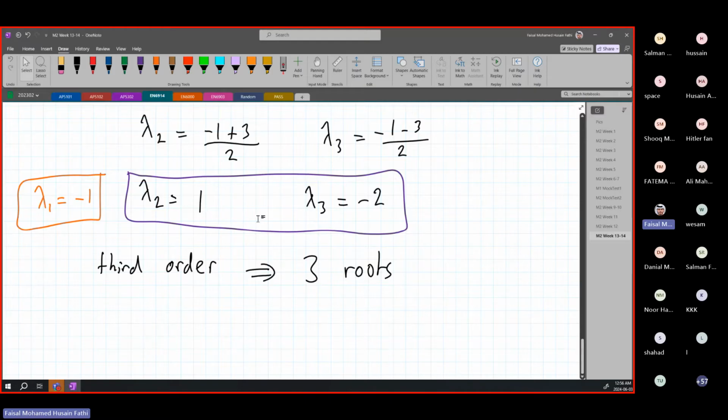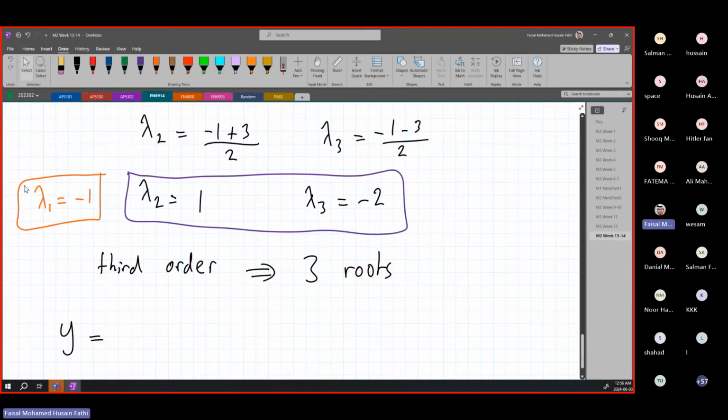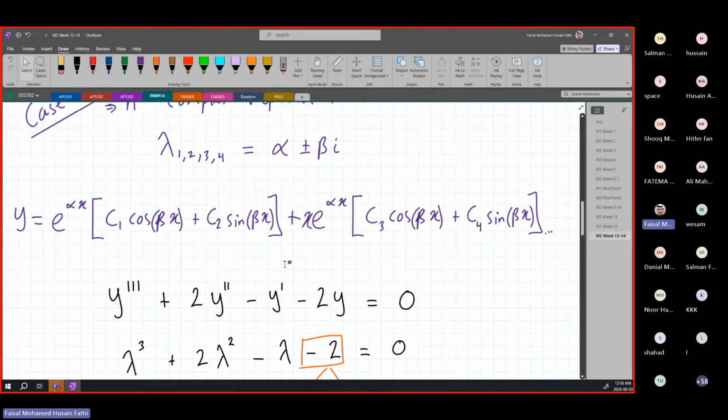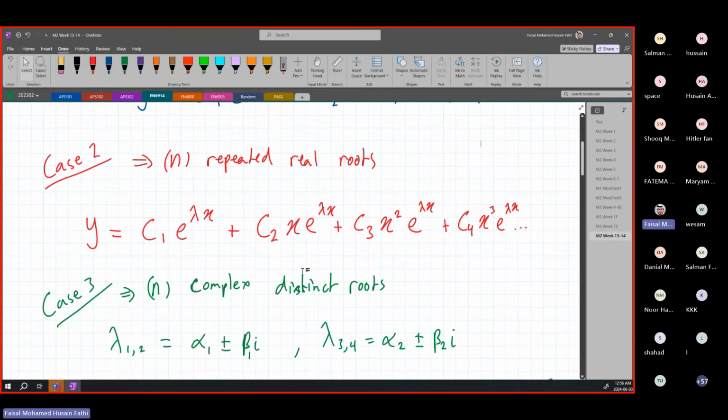Once you solve all of this, now you are going to plug back into our general equation. Since all 3 of these are distinct roots, all of them are going to be applied for case 1, which is the simplest case, which is y is c1 e to the lambda 1 x, plus c2 e to the lambda 2 x, and so on, as many roots as we have.